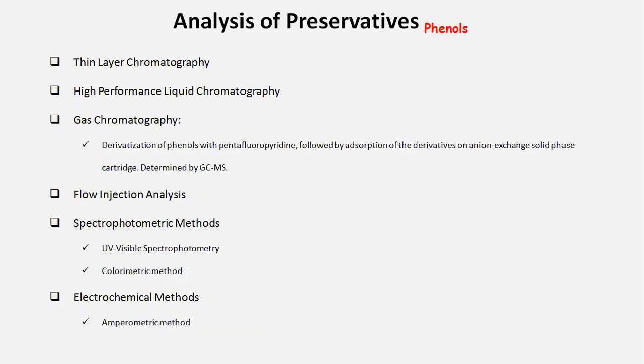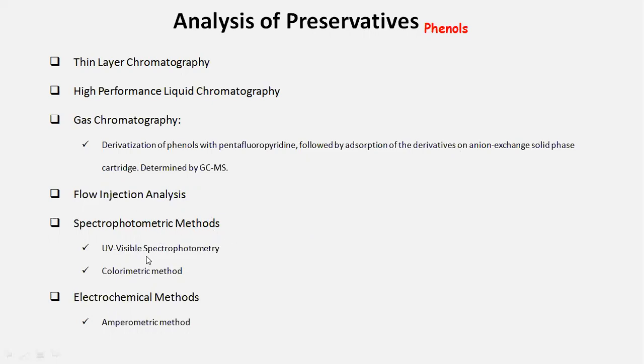So next category is preservatives belonging to the phenols category. The tests include thin layer chromatography, high performance liquid chromatography, gas chromatography, flow injection analysis, spectrophotometric methods, and electrochemical methods. In gas chromatography, derivatization of phenols with pentafluoropyridine is followed by adsorption of the derivatives on an anion exchange solid phase cartridge, and this will be determined by gas chromatography mass spectrometry.